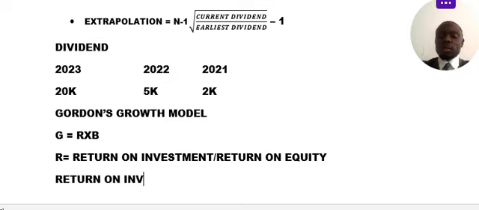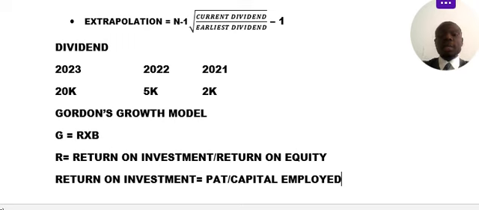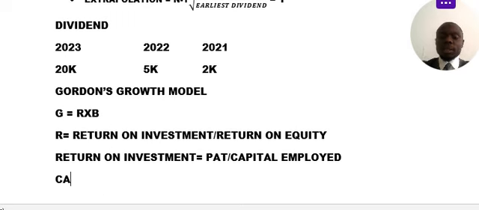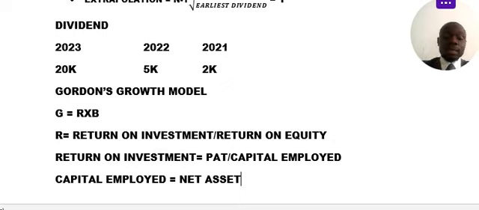Return on investment is equal to profit after tax, minus preference shares if it is given in the question, divided by capital employed. Don't forget that capital employed could be defined as net assets, which is current assets minus current liabilities.